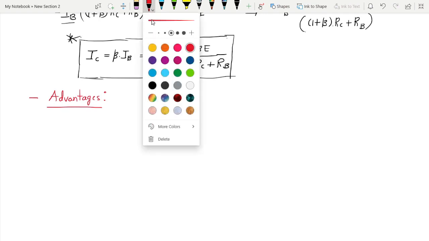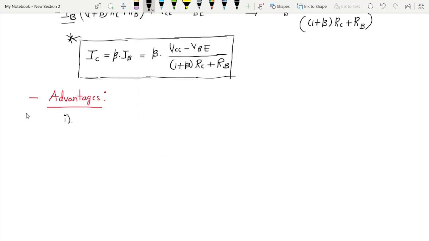The first point is that this is stable against the variation of temperature, same as emitter biasing, so it will control the temperature. And the second point is that we have a new one, the variation of VCC. It will control the VCC variation also.